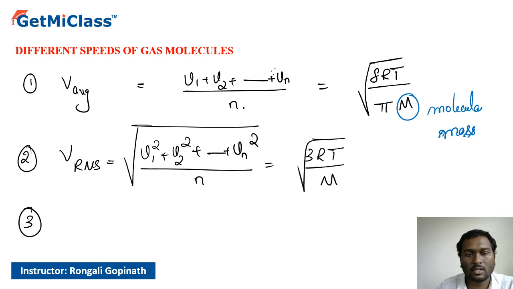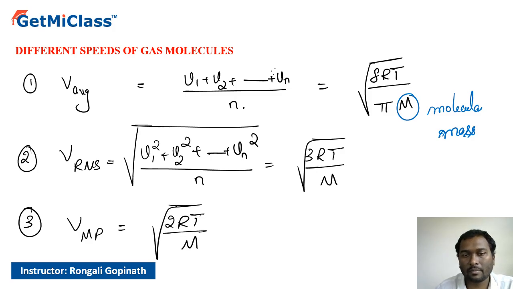The third kind of speed that we have is V most probable. Most probable means the speed which the largest number of molecules of the gas have, the same or similar speed. That is called the most probable speed, right? And it is given by the formula root over 2RT by m.